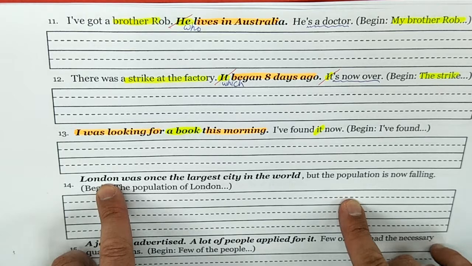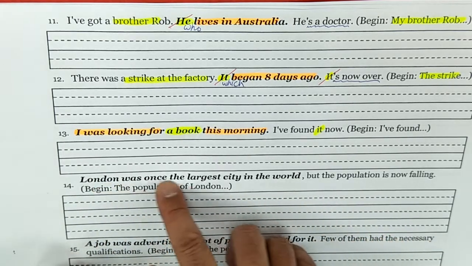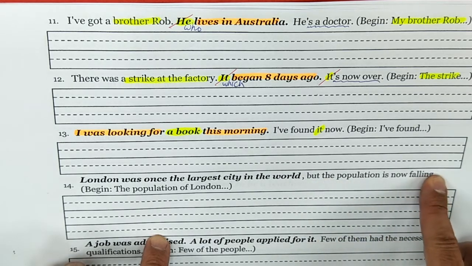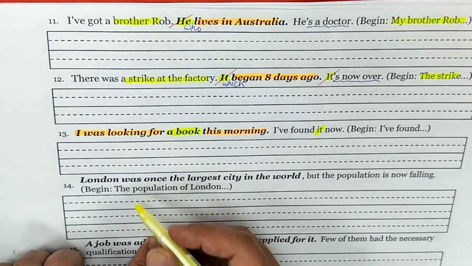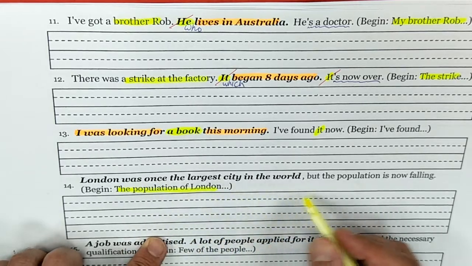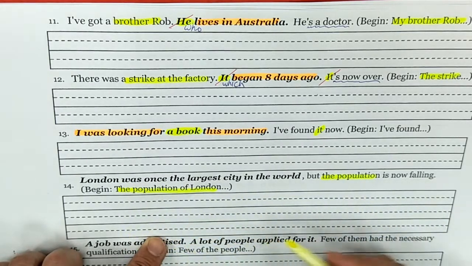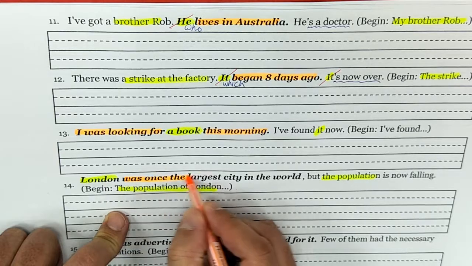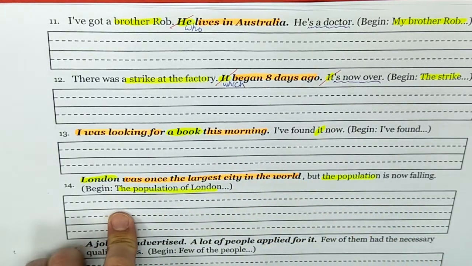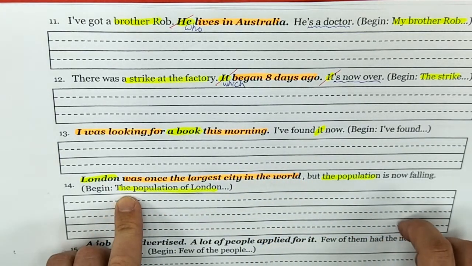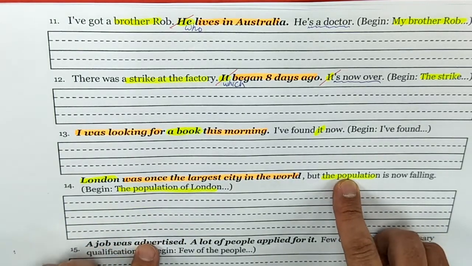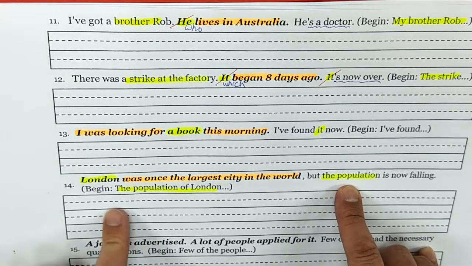All right, number 14. London was the largest city in the world, but the population is now falling. So we're going to begin the sentence, the population of London. Here's the population, and here we have London, okay? This is going to be the adjective clause. Now the population is a thing, so we're going to use which as the marker.